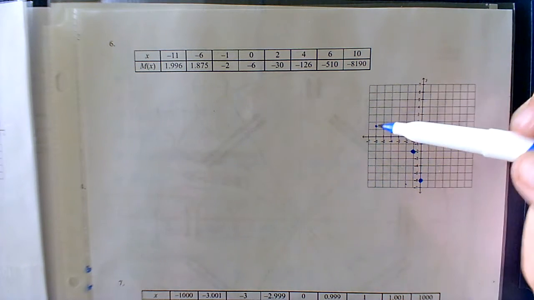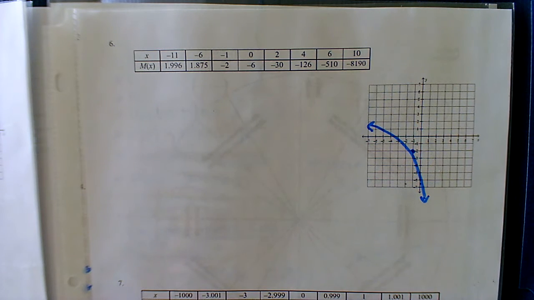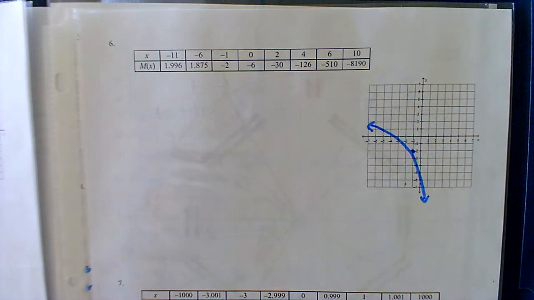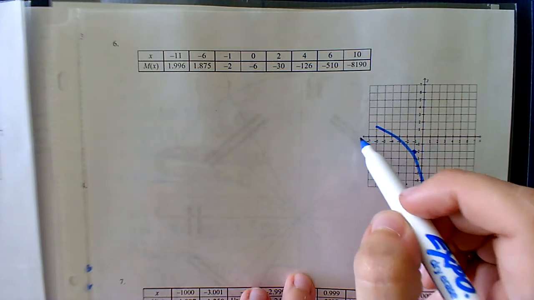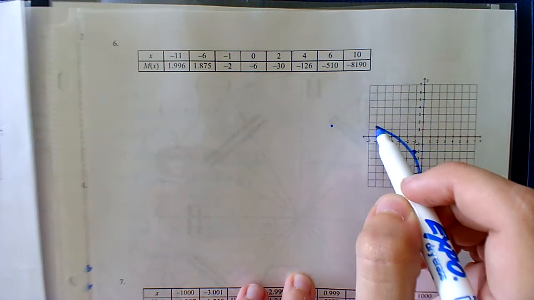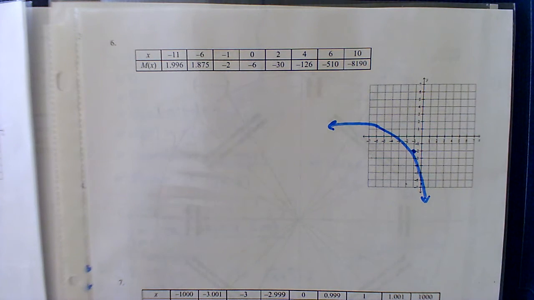So if we were to play connect the dots, what does that one kind of look like? Let's see, maybe if I were able to plot the negative 11, it would look something like that.